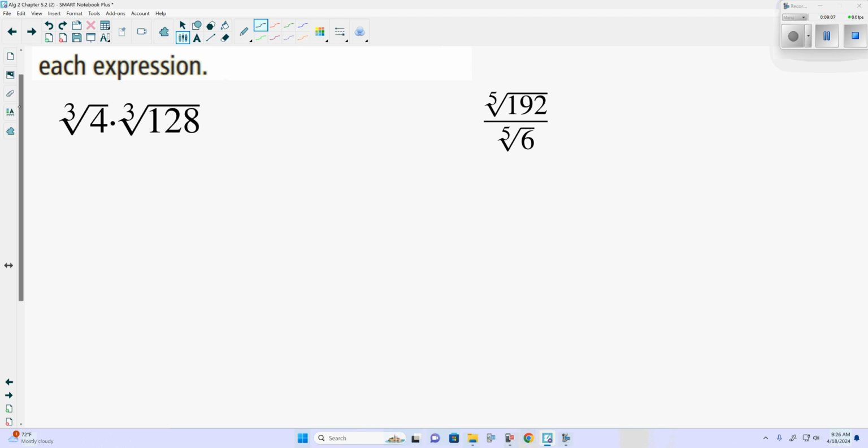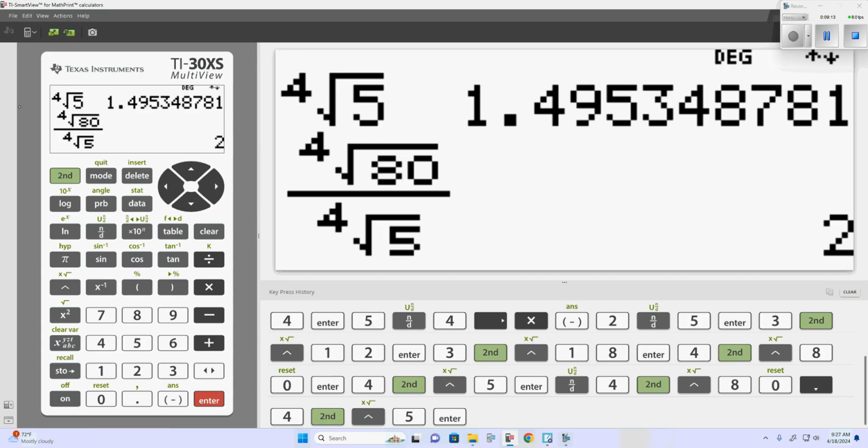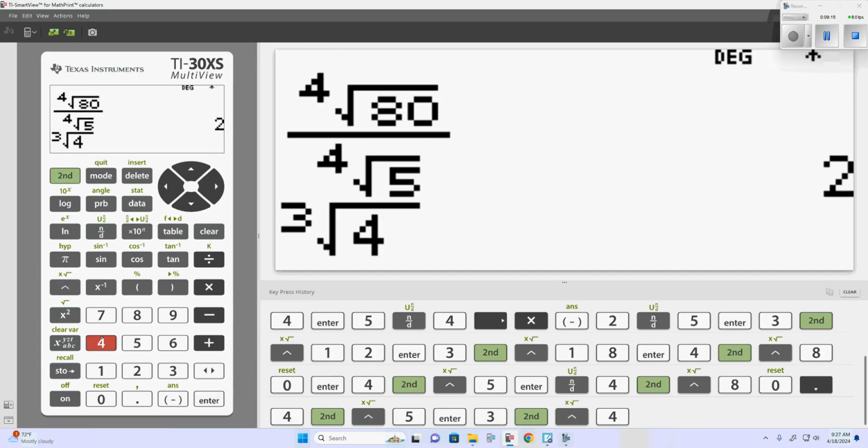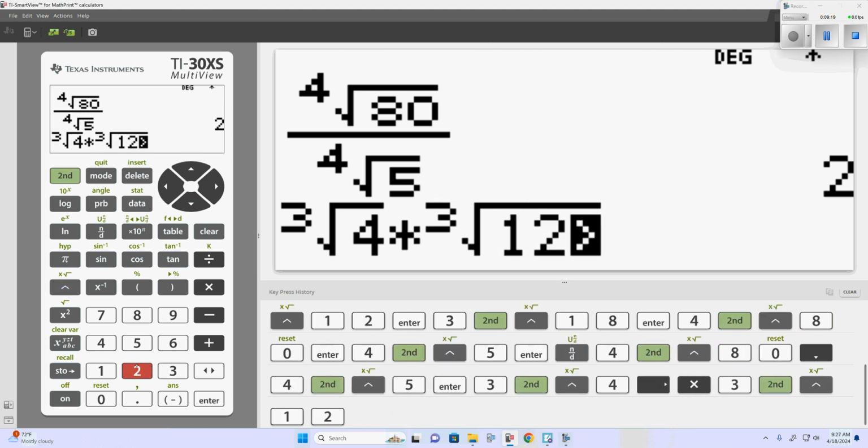Well, we could try this in a calculator and see what we get. I believe it gives us 8. So this does reduce nicely, yes?